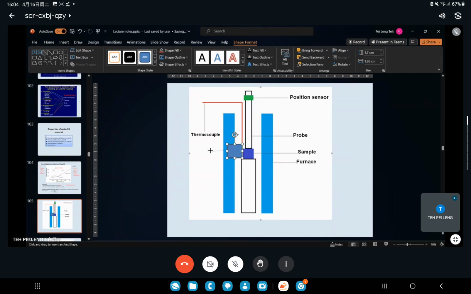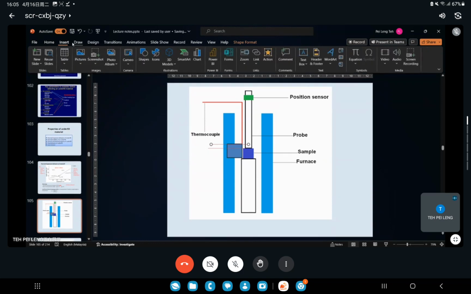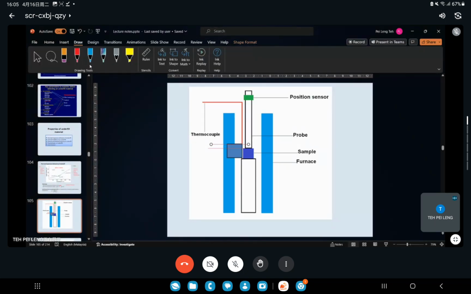Original is here. Okay, original is here. After it expanded, it is here. So what is the difference? Differences will be here.